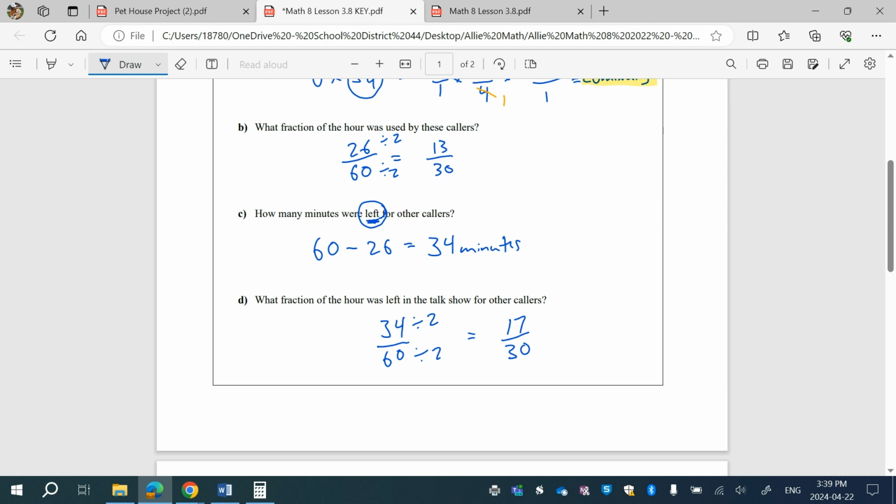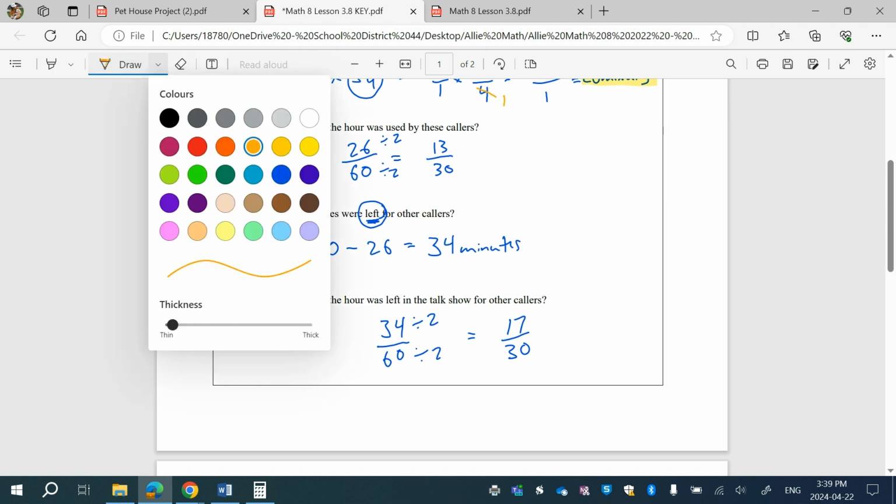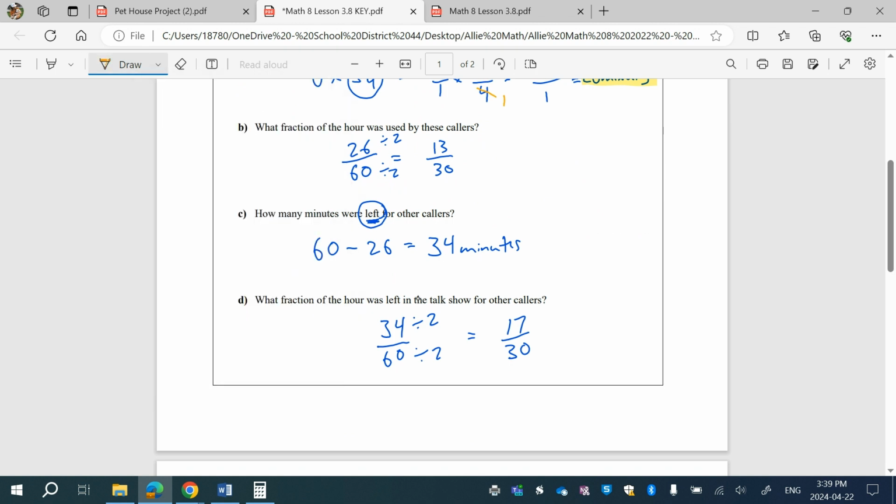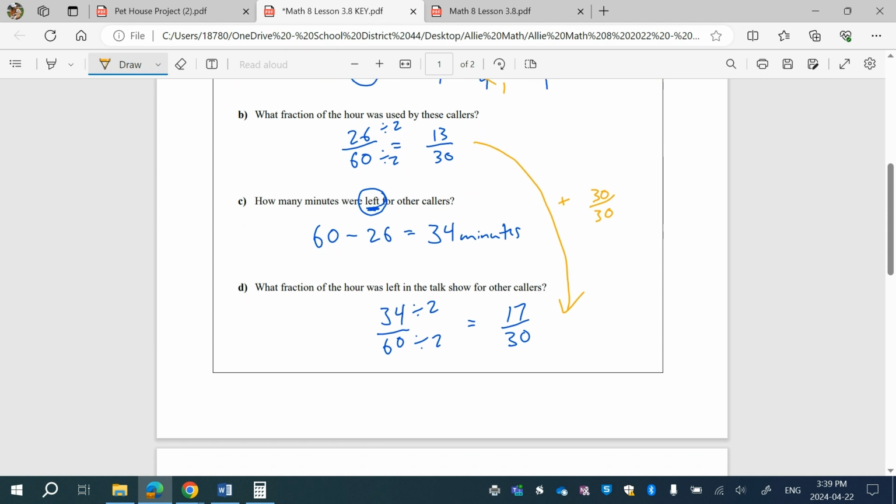And that also makes sense, if we used 13 over 30, then 17 over 30 being left makes sense, because if you add those two together, you would get 30 over 30, or, I guess it's actually an hour, which is the same as 60 over 60 minutes.